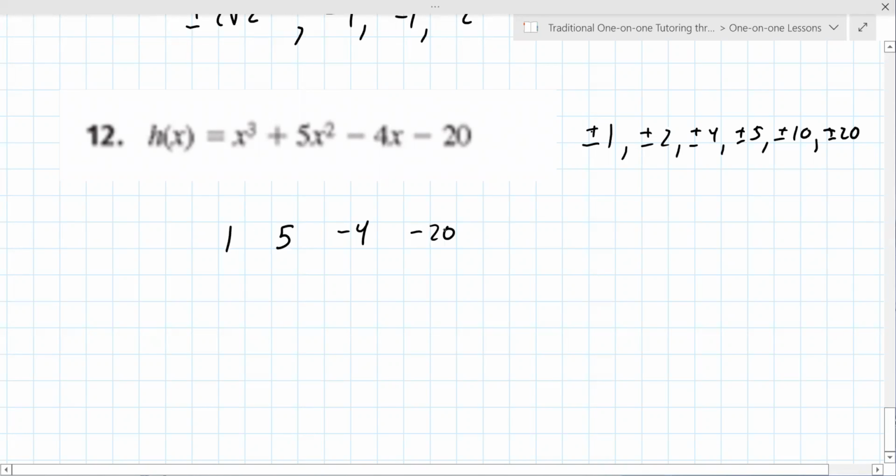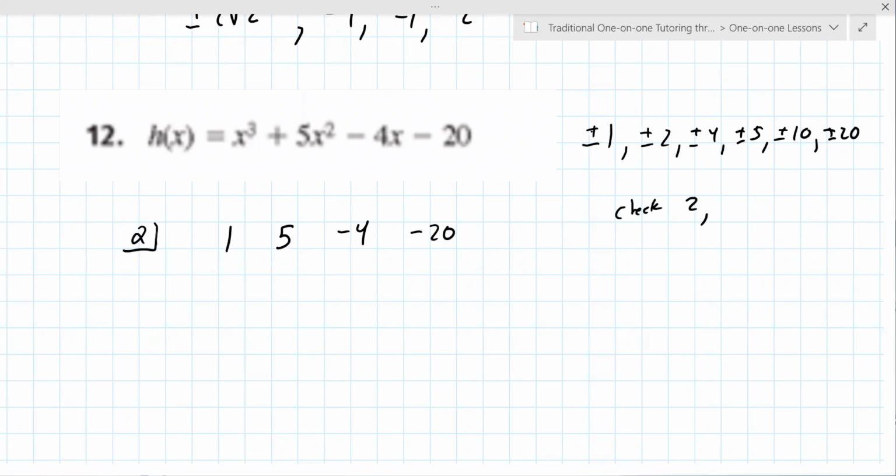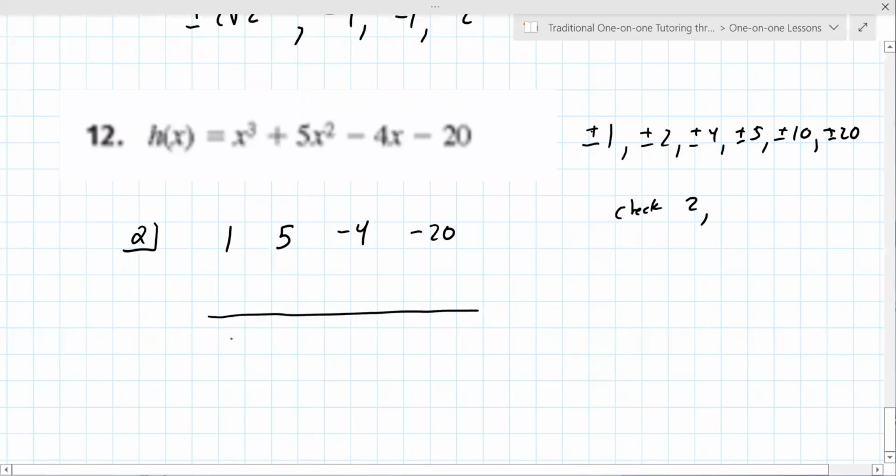So I can try 2. Okay, so you're going to check 2. Make sure you keep track of the ones you check. Oh, it did work. Okay, so you got 1, 2, 7, 14.